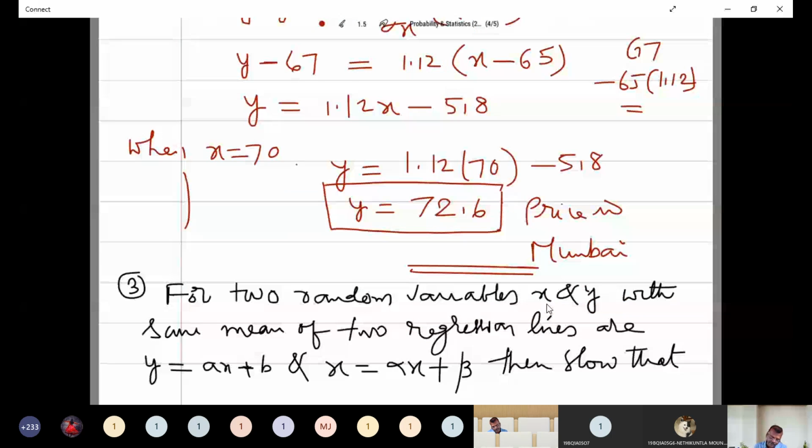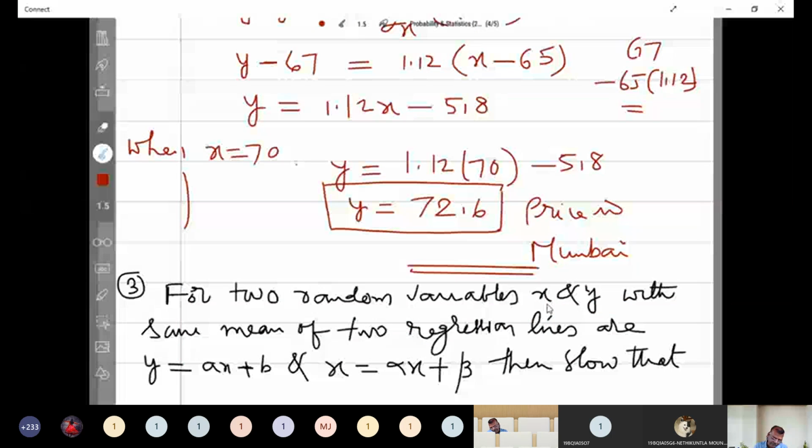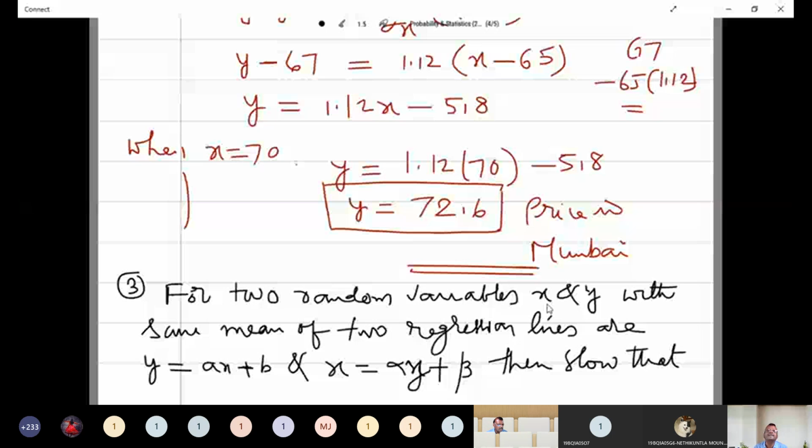You have to correct it: x is equal to alpha y plus beta. Therefore y is equal to ax plus b, x is equal to alpha y plus beta.